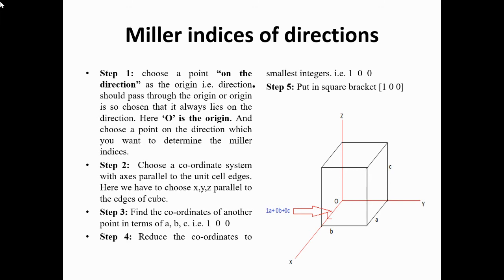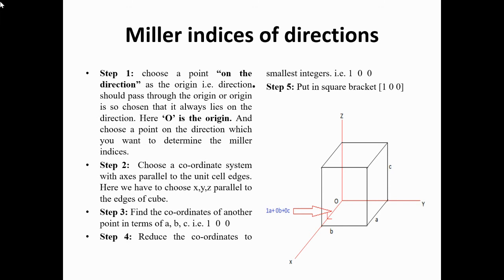Suppose in this figure we want to determine the Miller indices for the direction, which is the red direction along the x-axis. You are given the direction and asked to determine its Miller indices. That is the main problem.